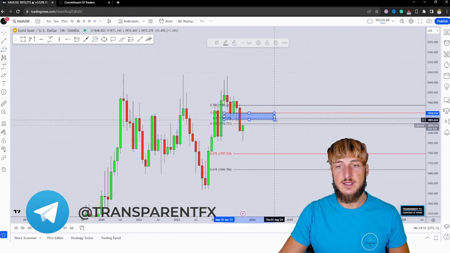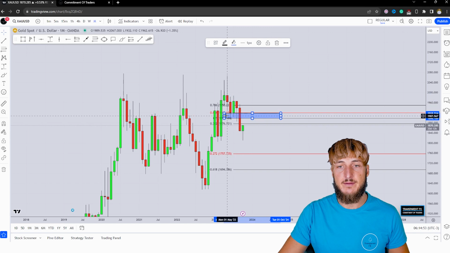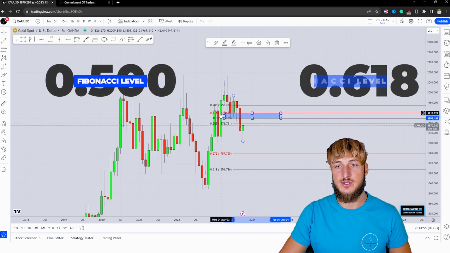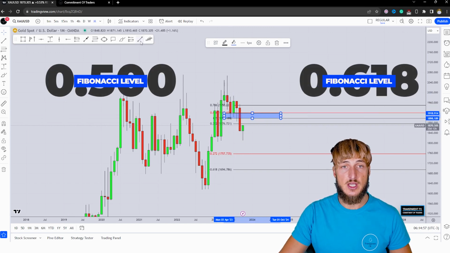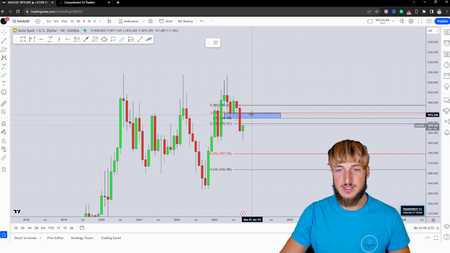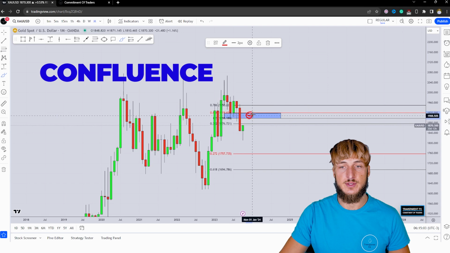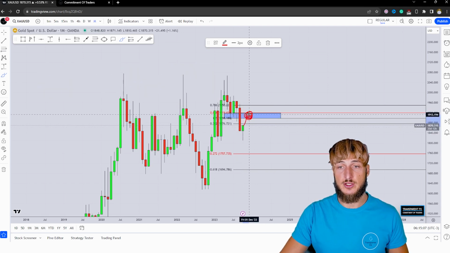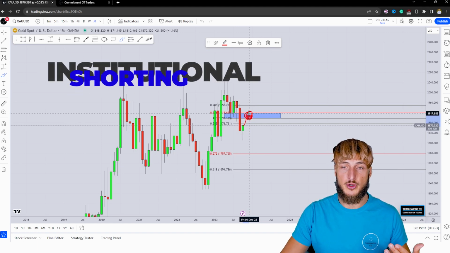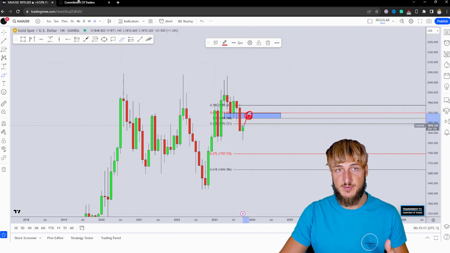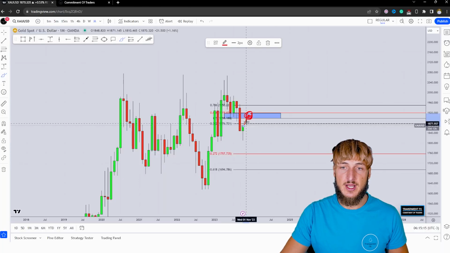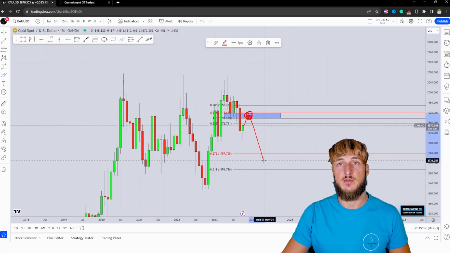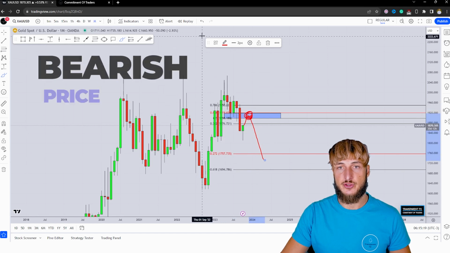And if we do that, we can see here how we have both the 50% and 0.618 Fibonacci retracements, which are lining up precisely with this previous support and resistance, creating confluence of resistance inside of this level, inside of which, if the market will actually reach it, we could expect institutions to be adding more shorts. That is something we will be speaking about later on, which at that point would further increase the probabilities of a potential rejection to the downside.